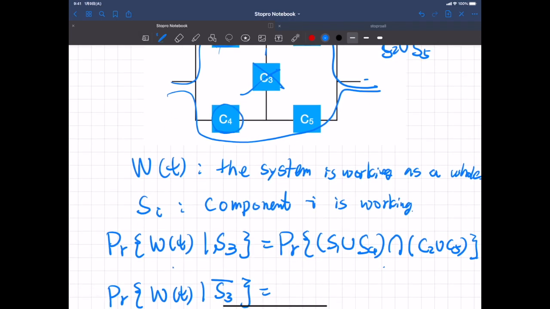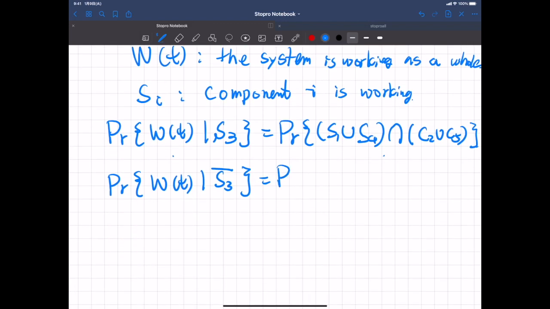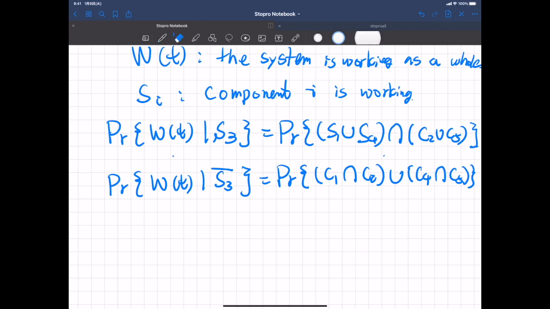Or C4 is working and C5 is working. So that is this probability. Again, C3 doesn't appear on the right hand side because all these components are independent from C3.